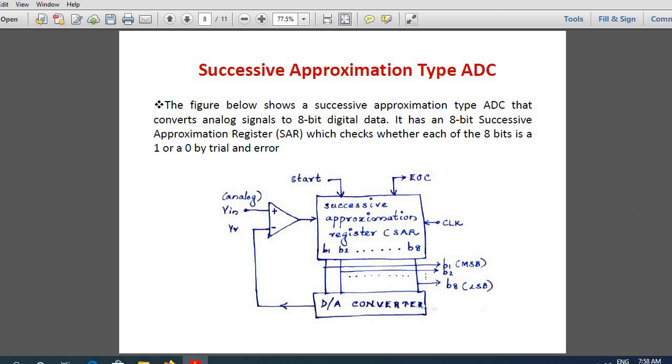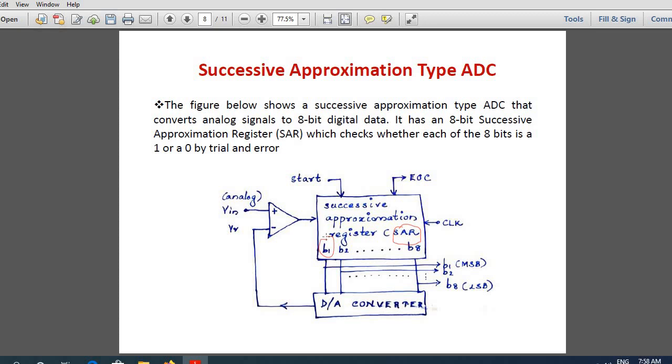So here I am going to convert my analog signal to an 8-bit digital signal. The core of this circuit is a successive approximation register, SAR. This register has 8 bits and each of the bits will be checked whether it is a 1 or a 0 by trial and error.